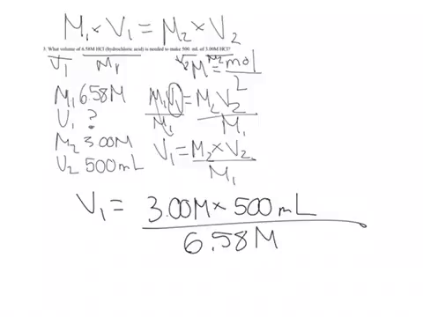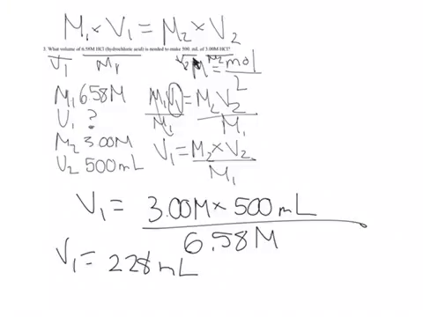So the volume needed is going to be 228 milliliters. So what this is saying, to take a 6.58 molar solution and dilute it to 3 molar, you will only need 228 milliliters of that stock solution.